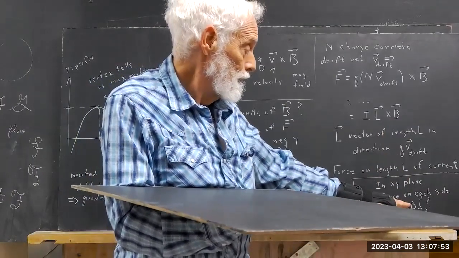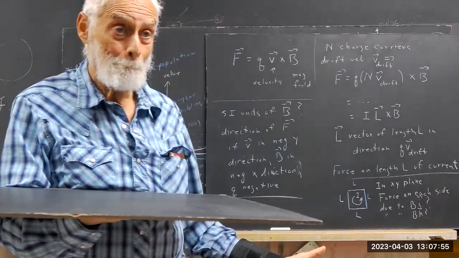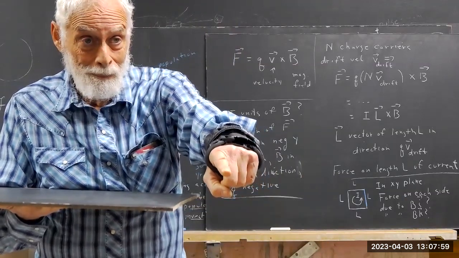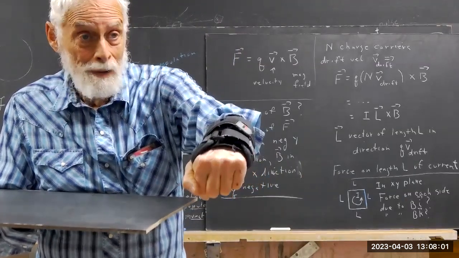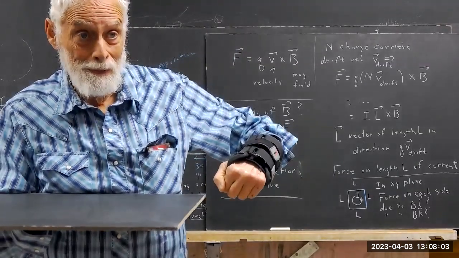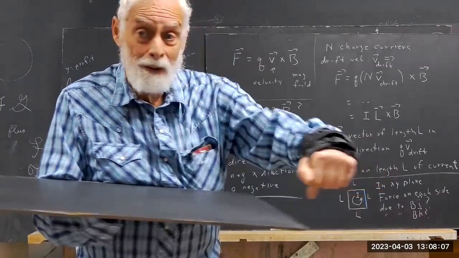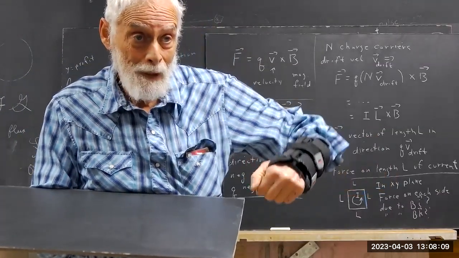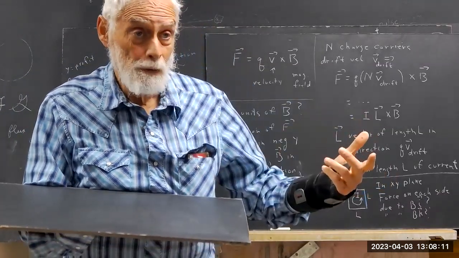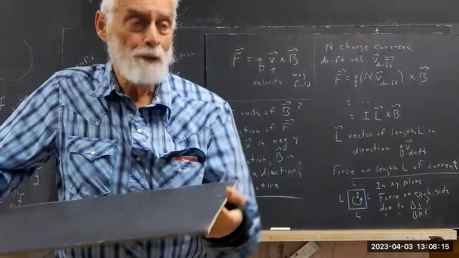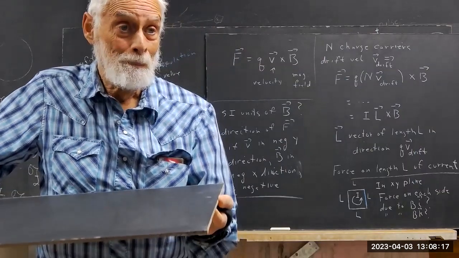Well, first B is BI. Okay, so B is in this direction. And your current is in this direction. Okay. So your IL is in the direction of your current. So what's the direction of your force? Right hand rule. Well, these vectors are parallel, you get 0.